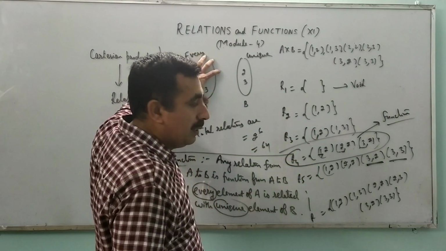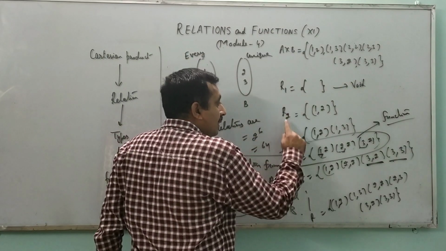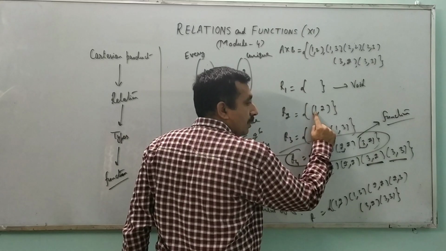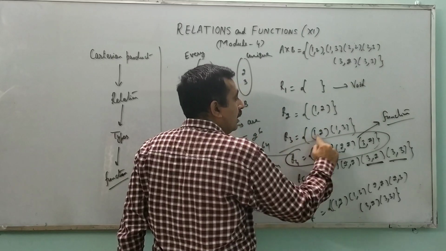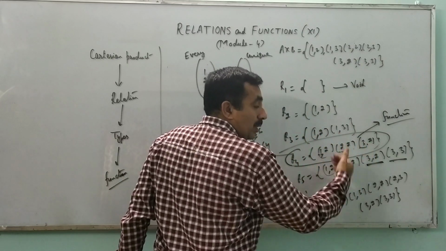This is called domain in the function chapter. In the relation chapter, the first number is domain. In this relation, only 1 is domain. In this relation, 1, 2, 3 is domain. In relation, the first number is domain.